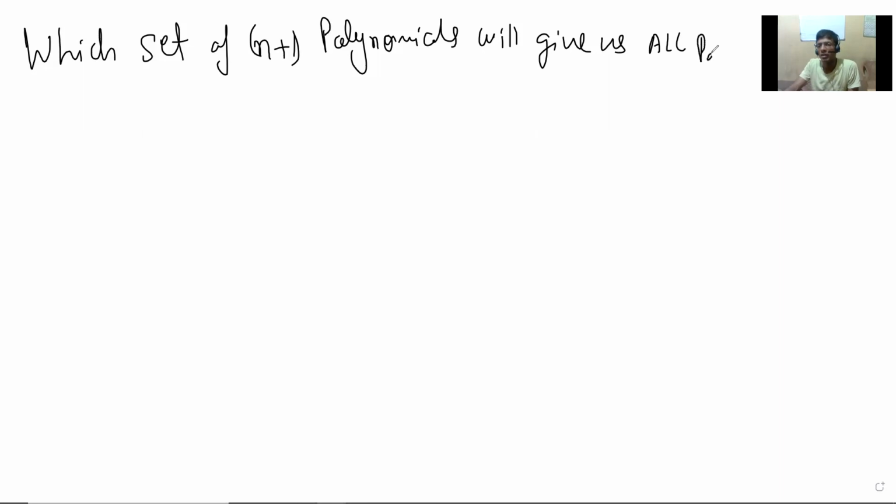And note that whatever we have done so far, the coefficients have been unique because we just had the right number of polynomials, right? Now this is the general view of this general question. Will give us all polynomials.